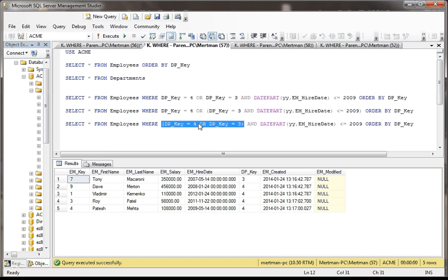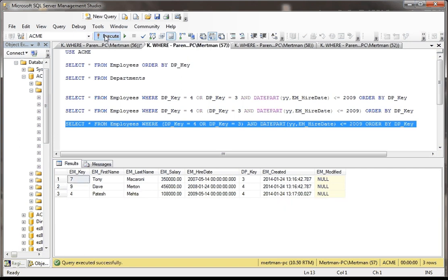So now, by consolidating them, this AND, instead of just applying to this, applies to this. So the AND applies to 4s and 3s. If we run this way, you see now it shows everything we want. They're either in department 3 or 4, and they've been around for a while.